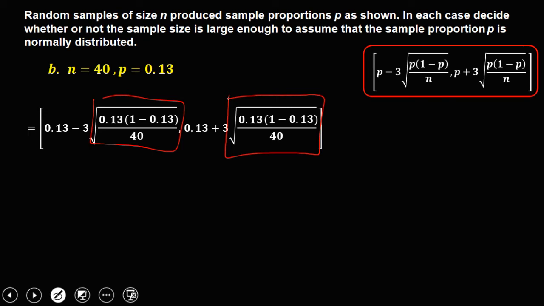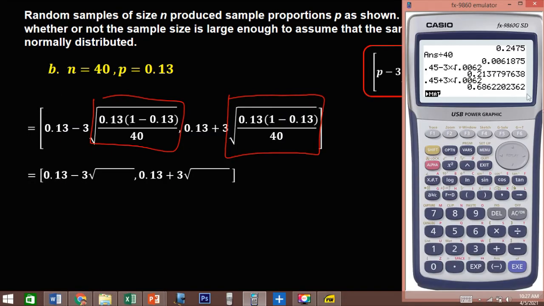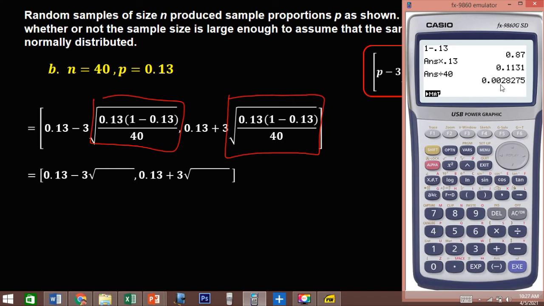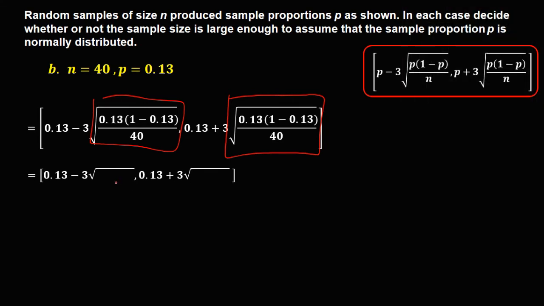Using the calculator, we have 1 minus 0.13 equals, times 0.13 equals, then divide by 40, it's 0.0028. And also this expression, that's 0.0028.